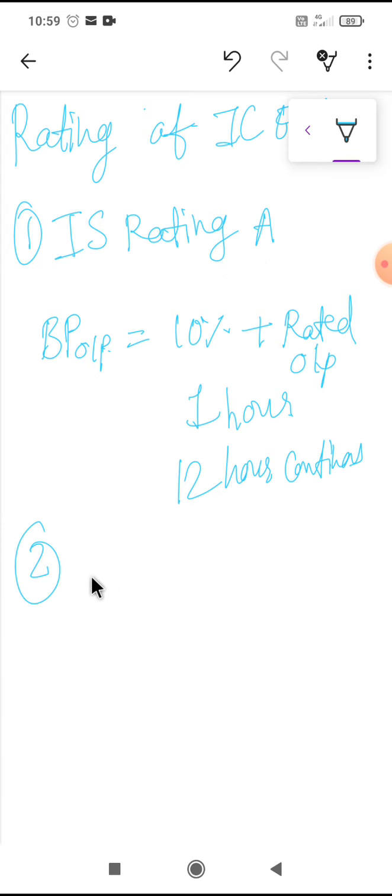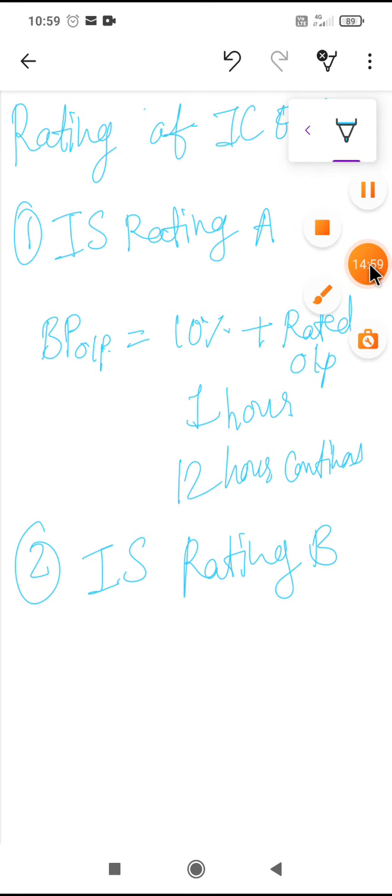Then second is IS rating B. This is similar to A class and this is B class.